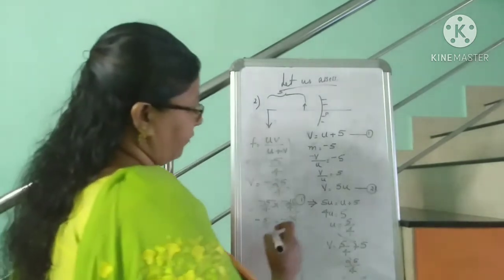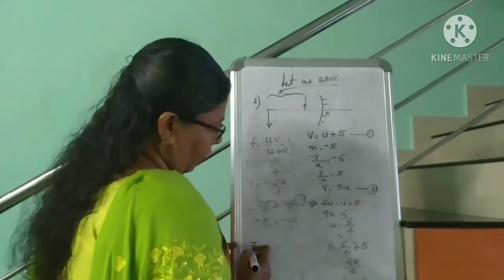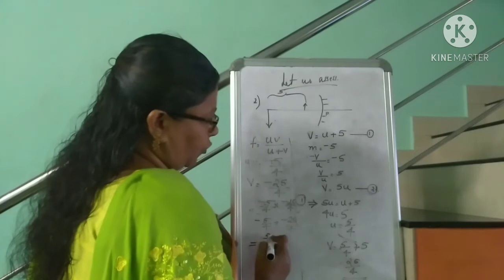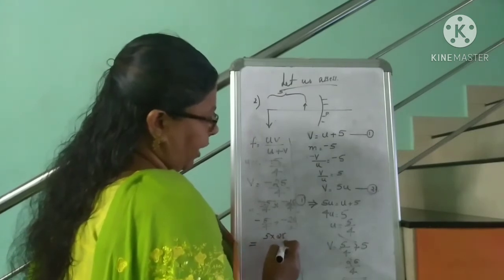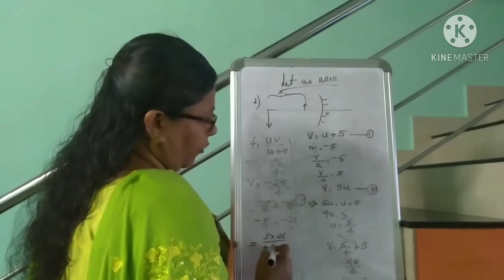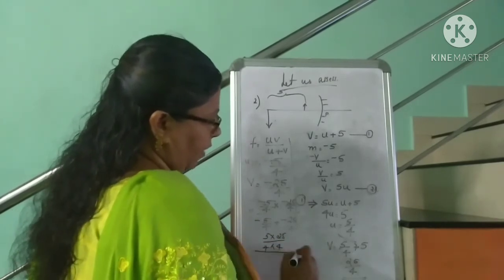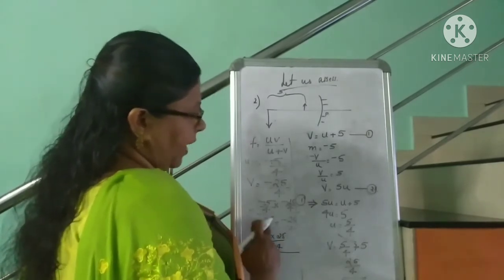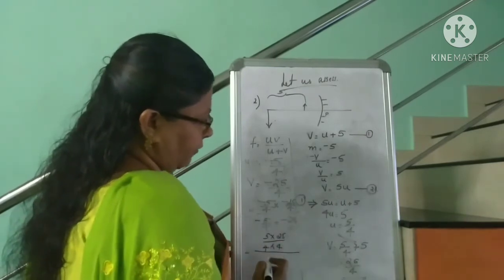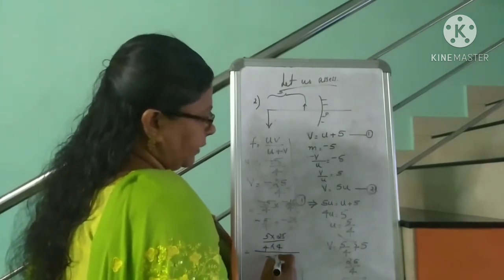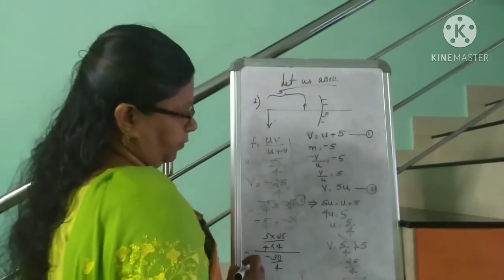So while you simplify, how will you do? 5 into 25 by 4 into 4 divided by minus 5 by 4 plus minus 25 by 4, which is minus 30 by 4.